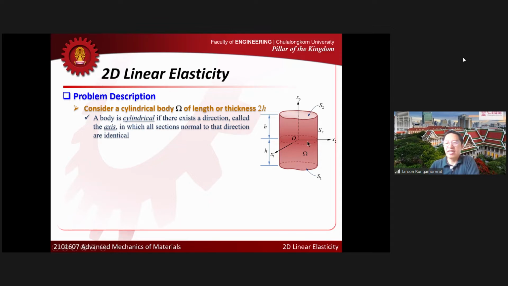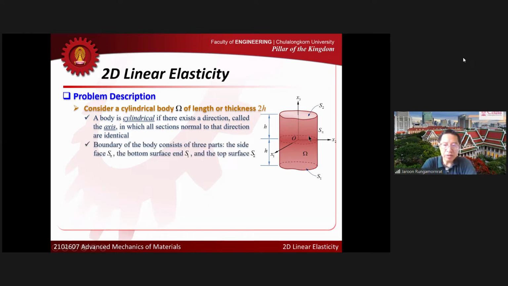Or I can say that the shape of the cross section is independent of the coordinate along the axis, right? If you move along that axis, you see exactly the same cross section. Is that clear to you? Okay, so that is the definition of the body that we will focus on for this particular class of problems.